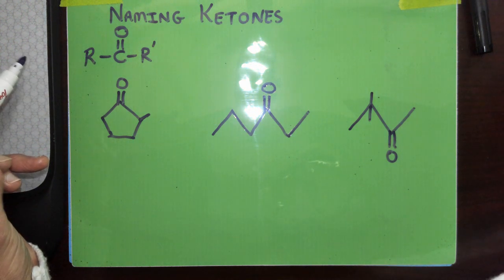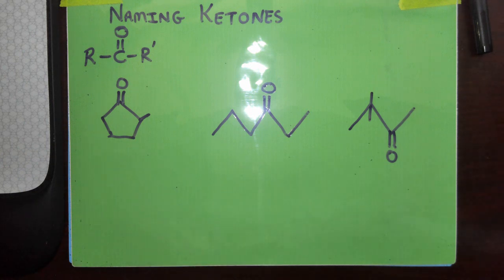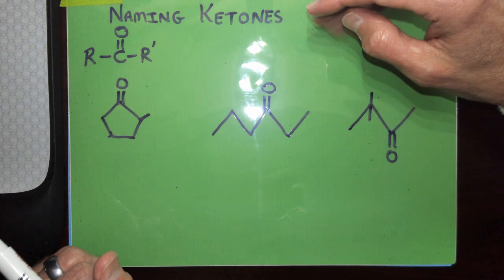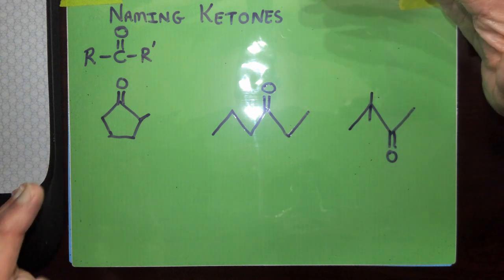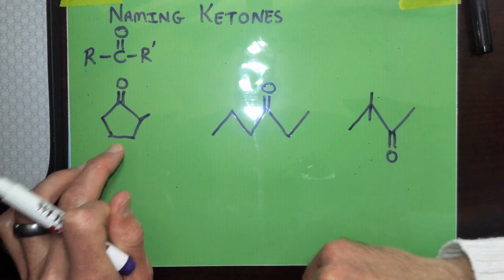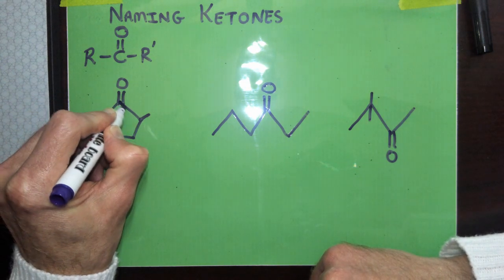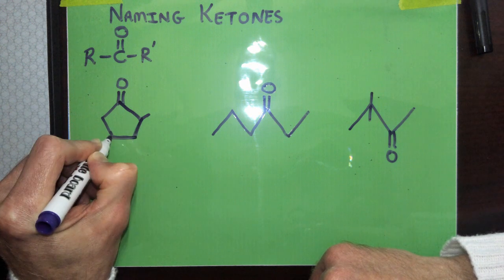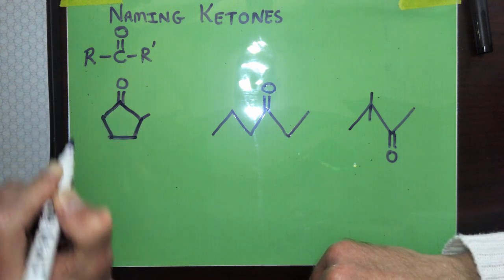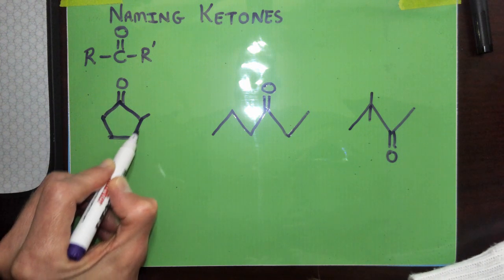Okay? So to name them, we first want to find the longest carbon chain. And here we have that carbonyl group in a cyclo compound. So we've got the ring. It's a 5-carbon ring: 1, 2, 3, 4, 5.